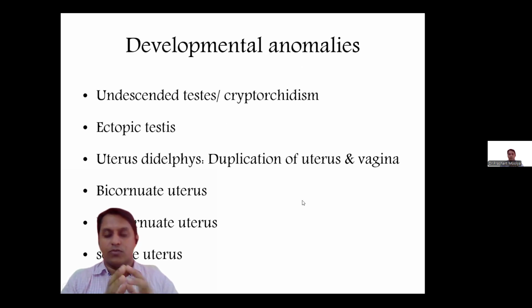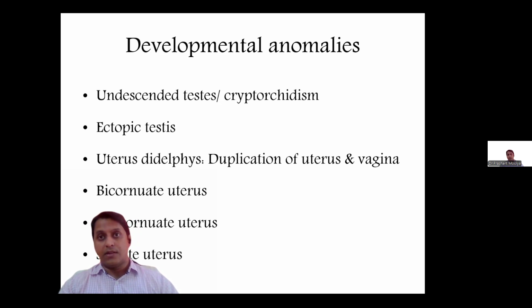Now let us have a look. So that's all about the development of the gonads, duct system, and the genitalia. And let us have a look at the developmental anomalies. Undescended testis, also called cryptorchidism. In this, the testis fails to descend into the scrotum.